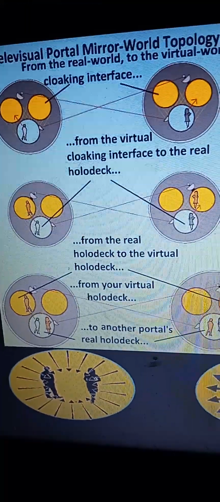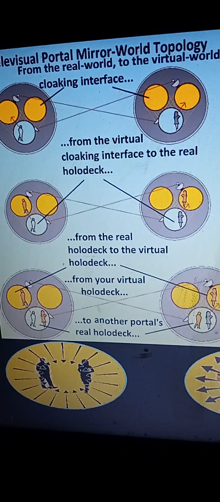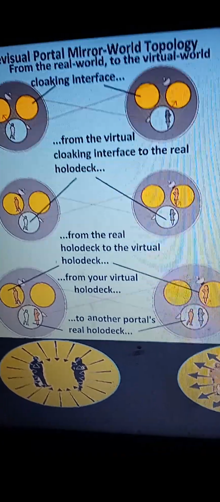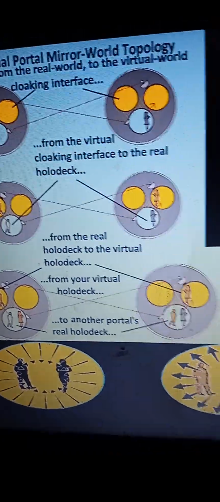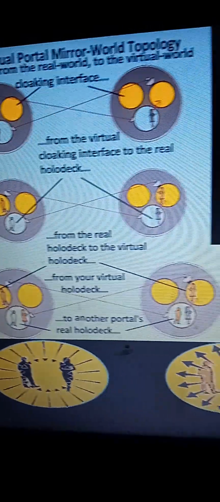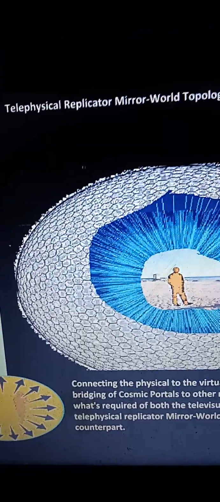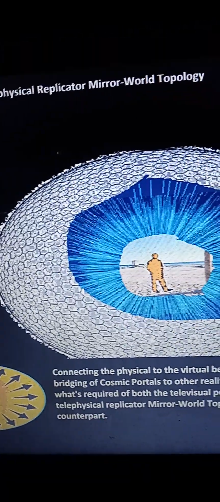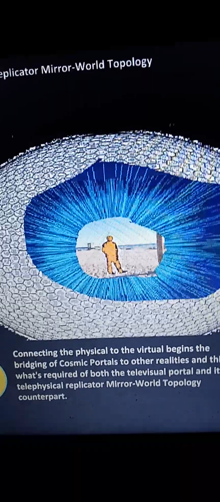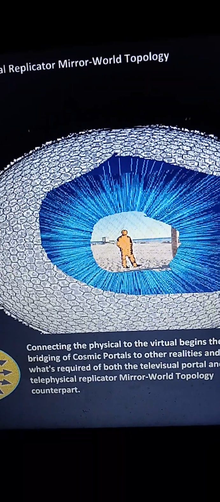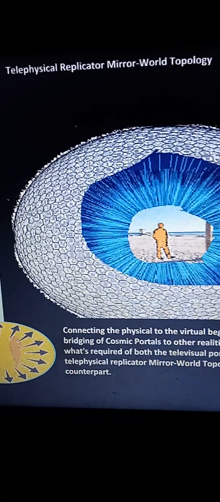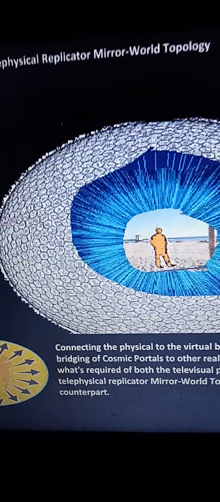And this televisual portal Mirror-World Topology would have to be interlaced with a Telephysical Replicator Mirror-World Topology. And I'll include the link to the Mirror-World Topology that I talked about in a previous video.